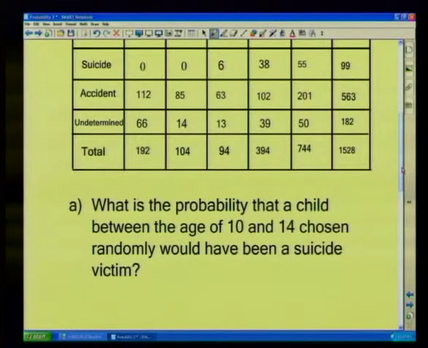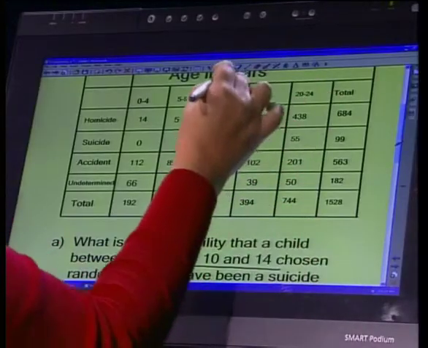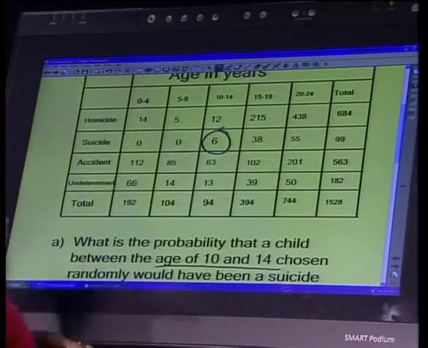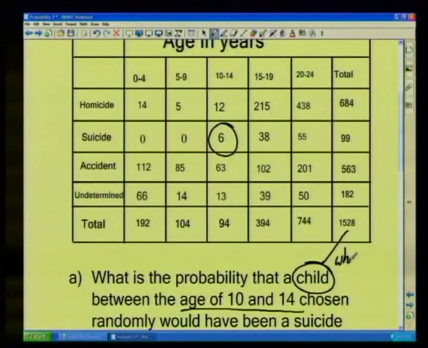What's the probability that a child between the age of 10 and 14, chosen randomly, would have been a suicide victim? So we need to look and see where my two columns meet. So age 10 to 14 and suicide. 10 to 14, suicide, there were 6. And we're talking about any person, the probability of a child chosen at random, which means that we're looking at the whole group, which is this 1,528 people.